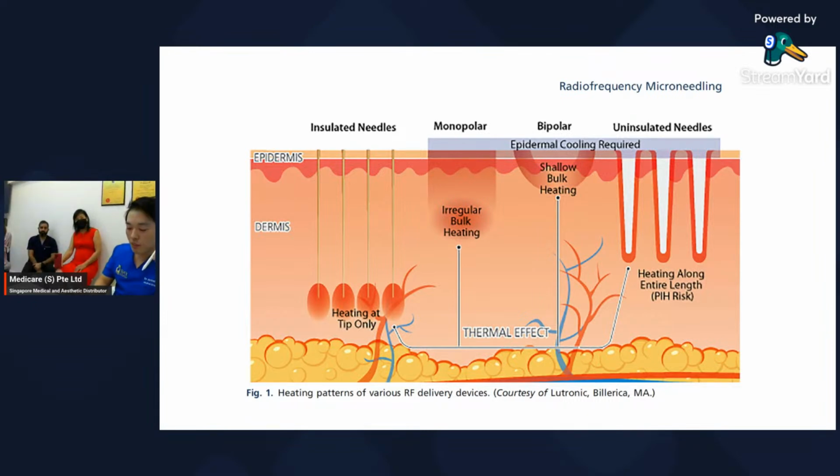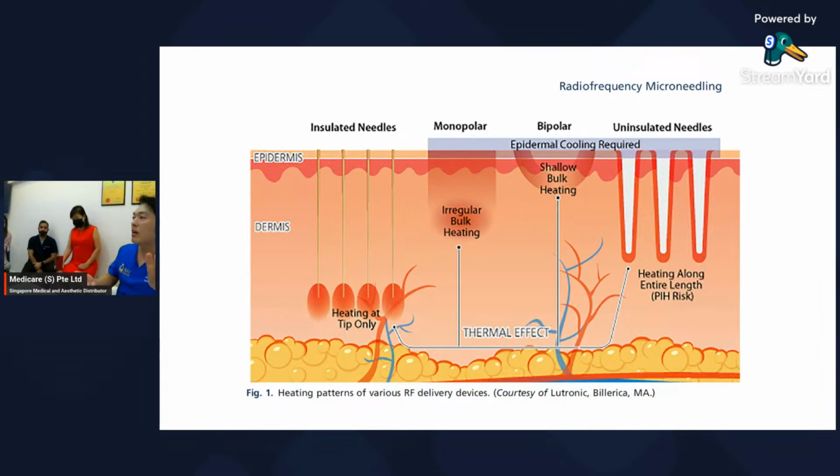But of course, the limitation of surface-applied devices is a very high risk of epidermal burns and pigmentation, because on one hand you need to achieve heating of at least 40 to 42 degrees Celsius for new collagen to be formed and for existing collagen to tighten. But at 45 degrees, that's the threshold of developing epidermal burns. So even today, 20 years later, users still face the issue of burns.